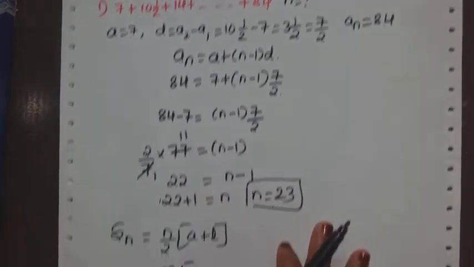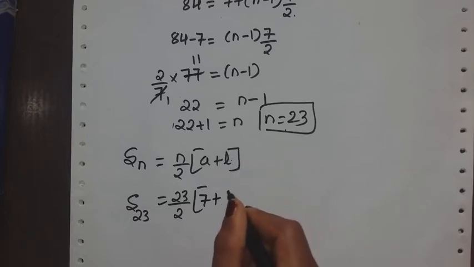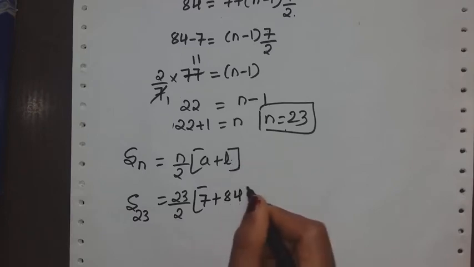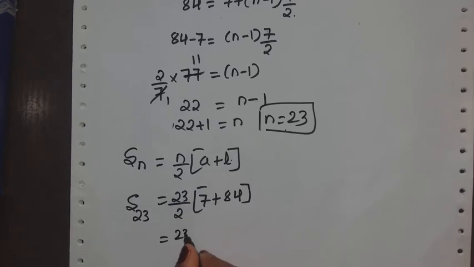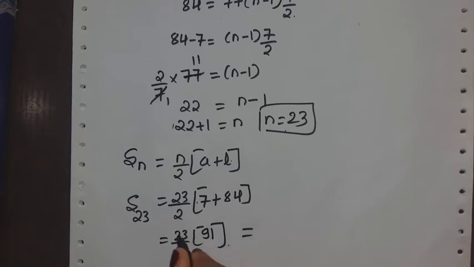The first term a is 7 plus of l, last term is 84. Then it is equals to 23 divided by 2 into 84 plus 7 is 91. This is equals to 23 into 91, 2093 divided by 2. This is the sum.